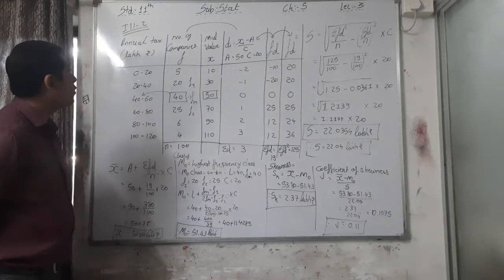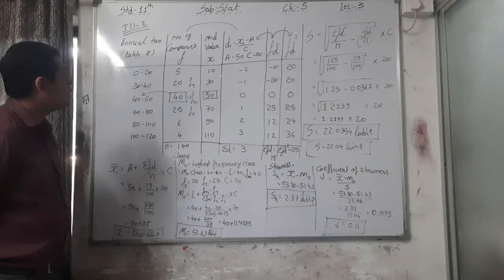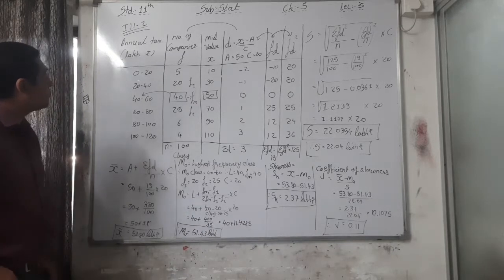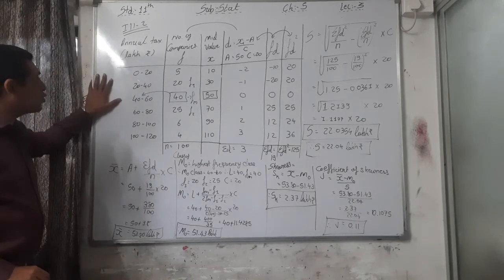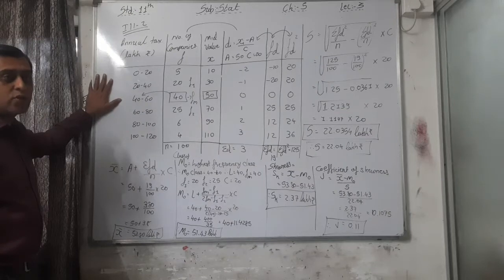So here, see, I am just giving a brief of this sum. This is a continuous group data, and we have to find out the skewness as well as the coefficient of skewness from this data. For continuous group data, we have to find out mean, mode, and standard deviation.